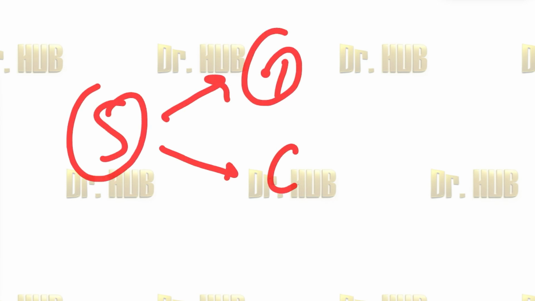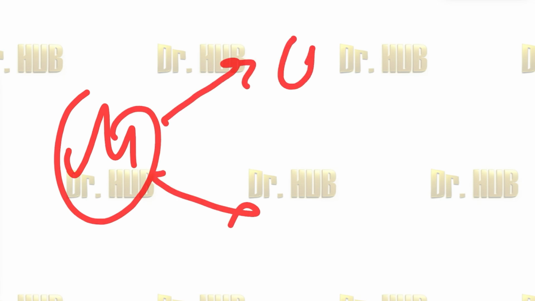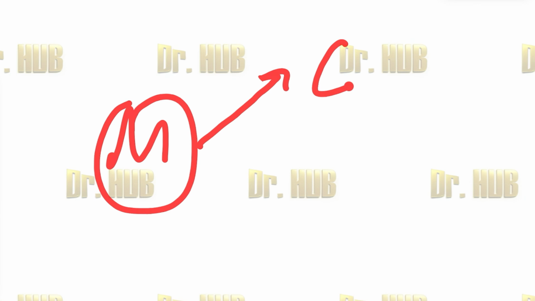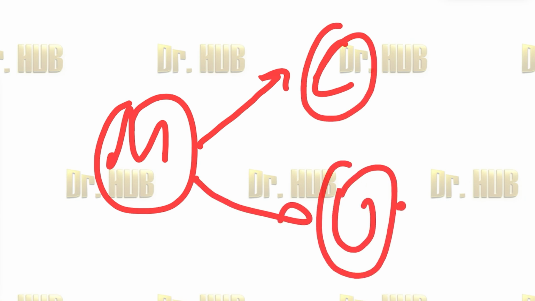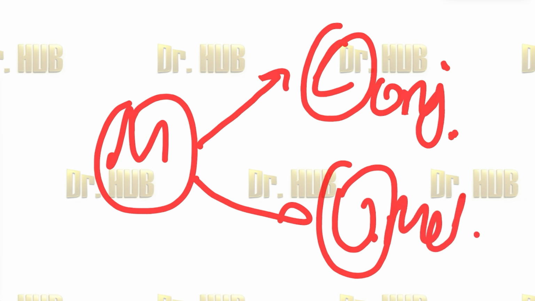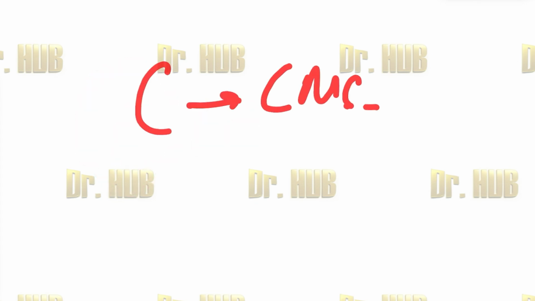Next is the stroma: we have IC stroma, that is the iris and the choroidal stroma. Then melanocytes: an easier way is CU, C for the conjunctival and U for the uveal melanocytes. Next, the neural crest also leads to the ciliary muscles: C for neural crest and C for the ciliary muscles.